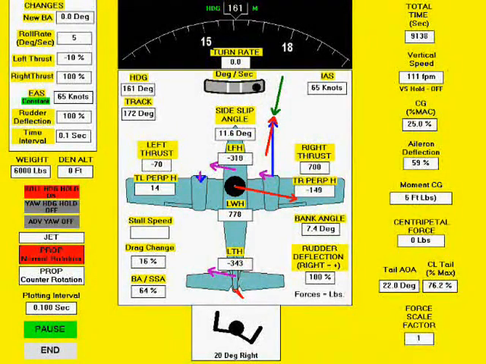Increasing the bank angle to 7.4 degrees, we see that the VMC is now 65 knots.